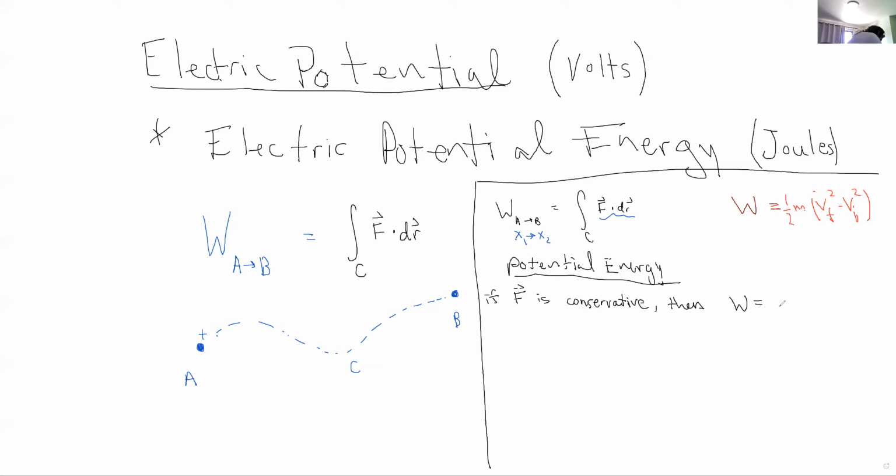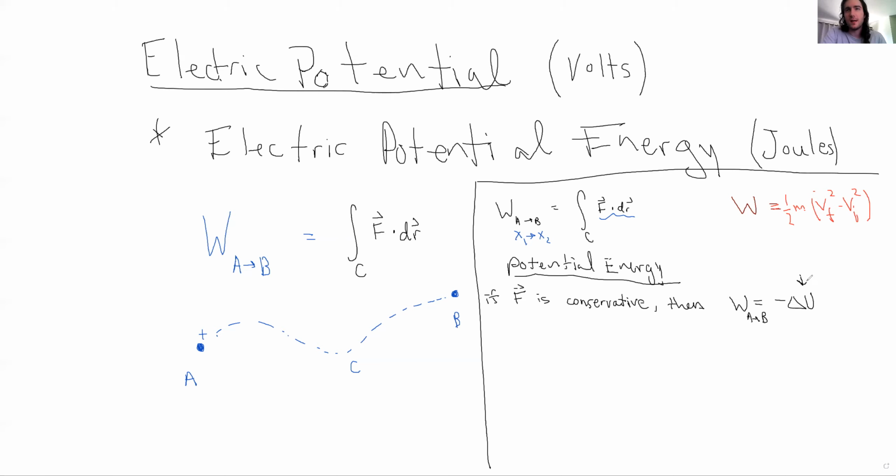Let me double check. Yes, okay, so the work in going from A to B is minus the change in potential energy. Okay. So if F is conservative, then we define this thing.